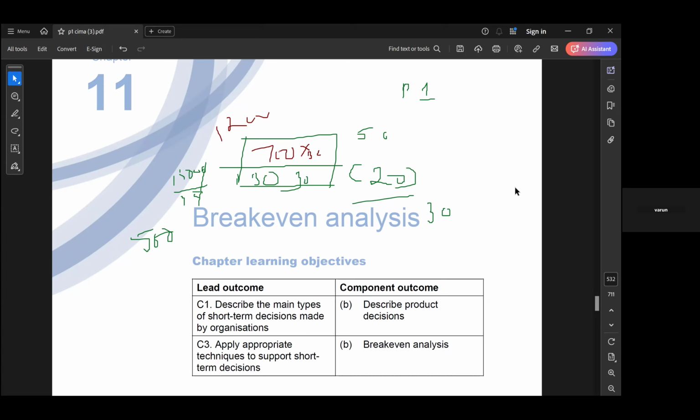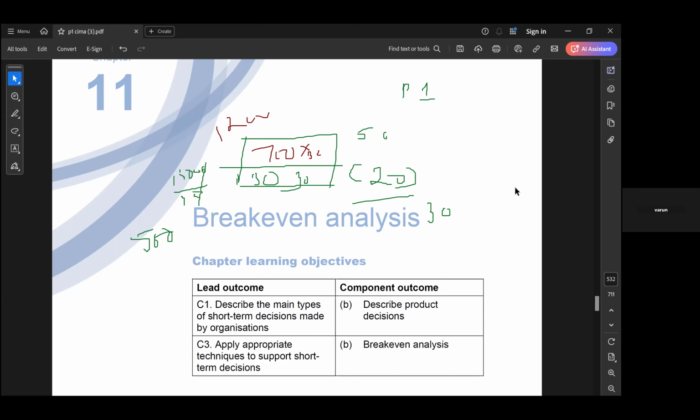For every 10 shirts sold, you must be selling one leather wallet and maybe two pants. That must be the ratio, 1:2:10. So we have to assume that the entire sales is happening in a similar ratio, and ask how many multiples of 1:2:10 will we break even? It's a different concept.